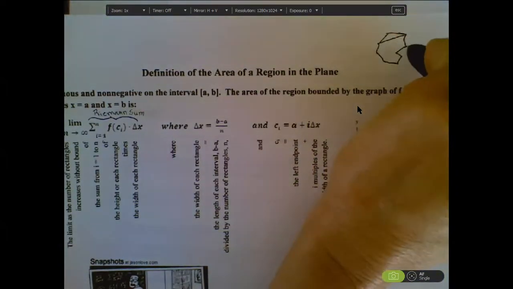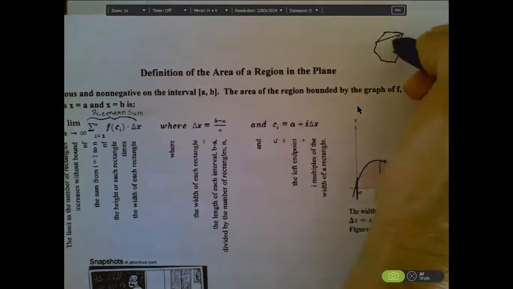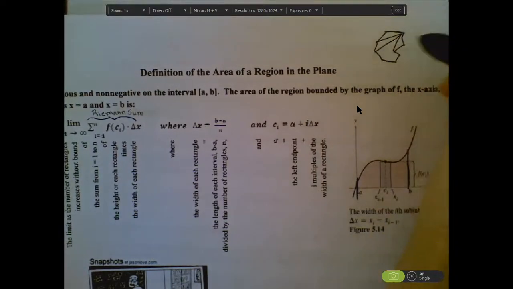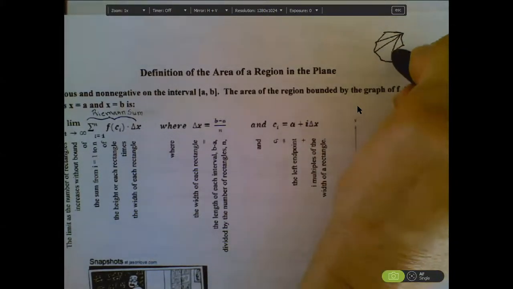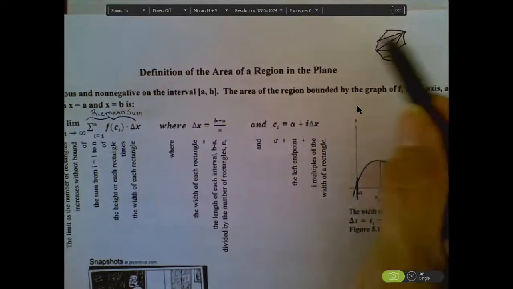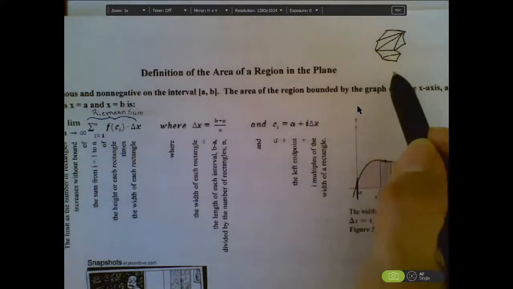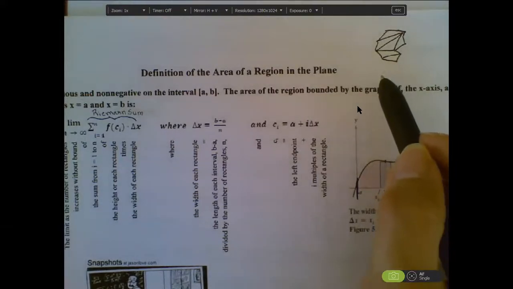For example, if you divide that shape I just made into a bunch of triangles, then you can find the area of each one of those triangles and add them all up, and you'll have the area of that shape. And Archimedes was the one who said, let's just use more and more and more triangles.